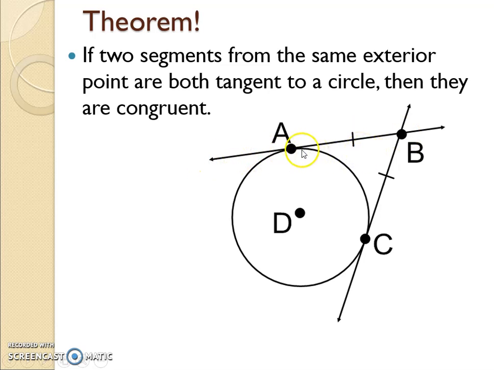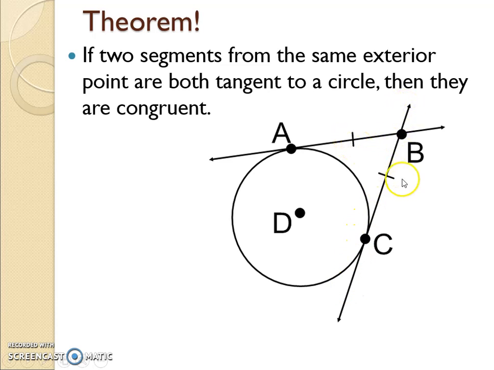So here you have a radius. This line is tangent to this circle because it actually makes 90 degrees. This line is also 90 away from the same radius at the point of tangency. That means AB, the tangent line, is congruent to BC.